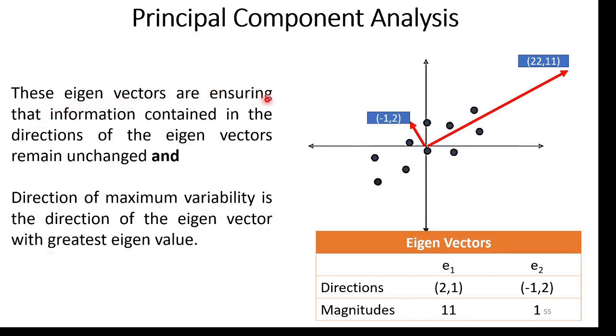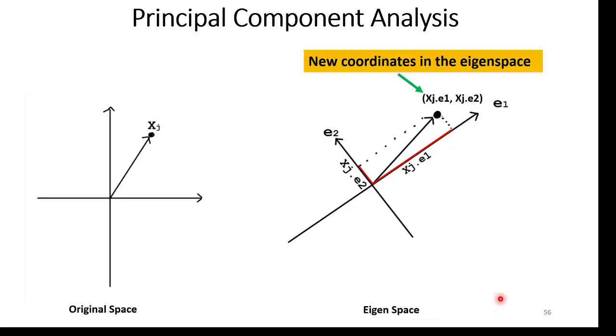These eigenvectors ensure that information contained in the directions of the eigenvectors remains unchanged, and the direction of maximum variability is the direction of the eigenvector with greatest eigenvalue. Here you can see that the eigenvalue for E1 is 11 and that for E2 is 1.